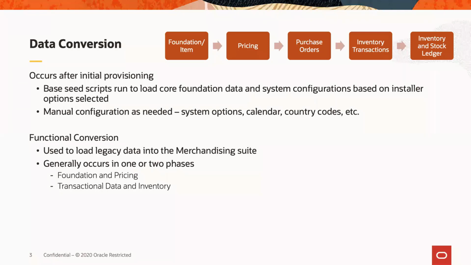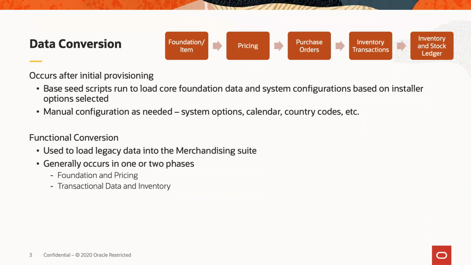So just to start off by level setting on data conversions, there are maybe two components that are going to happen. The first is more seed data related, or some basic configuration. As part of the provisioning process, there will be some questions that will be asked of our customers, and likely you'd be helping them with answering some of those in terms of the basic configuration of how the solutions get created.